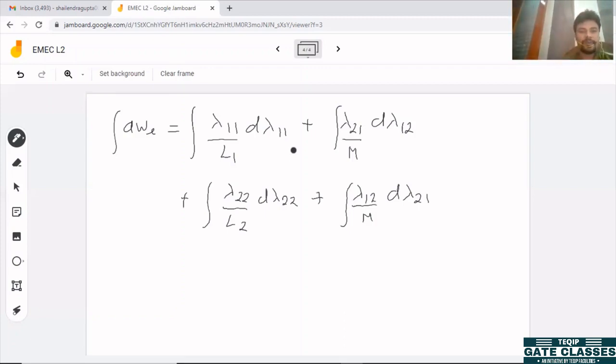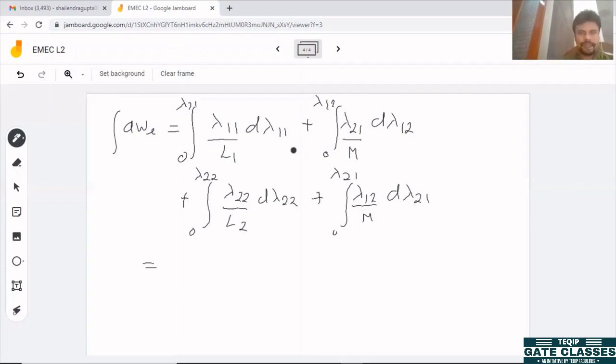Now if we go on integrating this, this has to be 0 to lambda 11, this from 0 to lambda 22, this from 0 to lambda 12, and this from 0 to lambda 21.